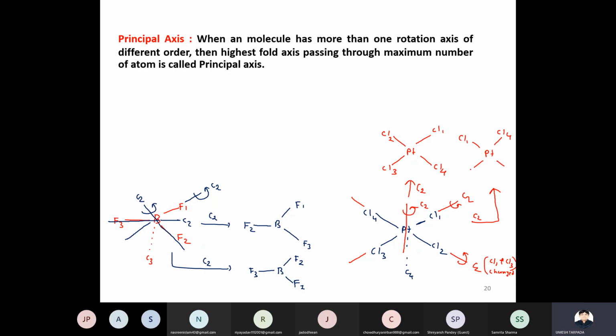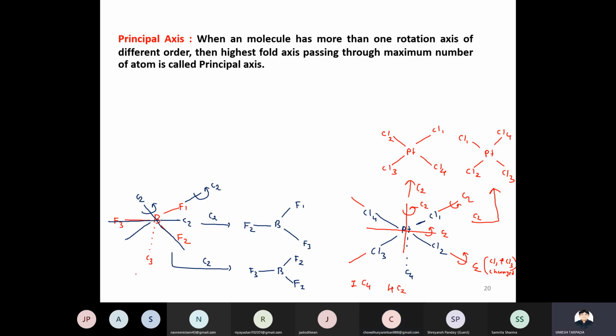Similarly, Cl3 and Cl2 can change their position. What about another C2? These are the three C2. Is there any other C2? Here it is, this one, where Cl1 and Cl2 can change their position. So how many C2 are there? Four C2 are there.